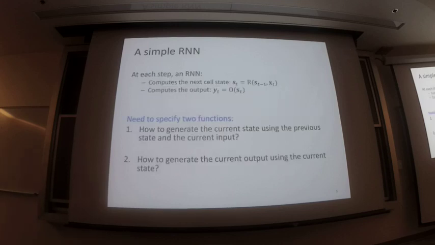At each step, the RNN produces two things: the next cell state and the output. For the simple RNN, we want to see how to generate the current state using the previous state and the current input. That's s sub t on top. And we also want to see how to generate the current output using the current state. That's y sub t.